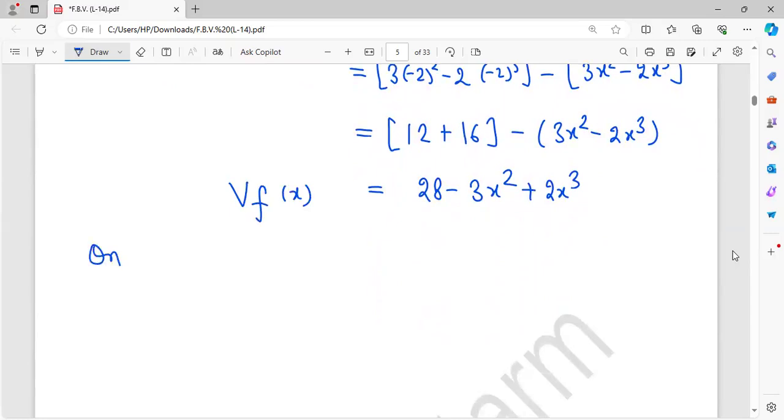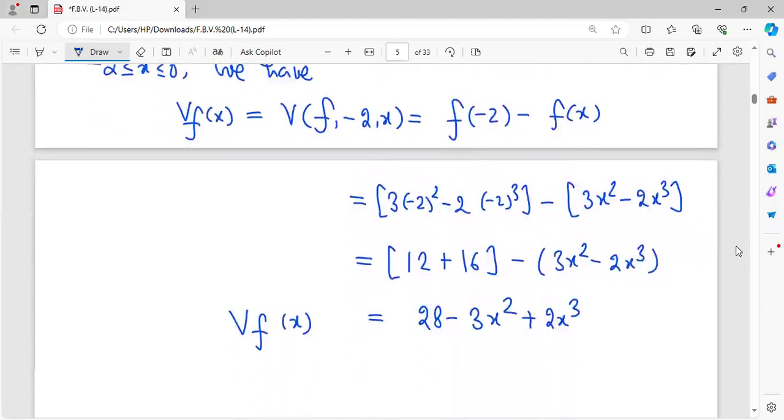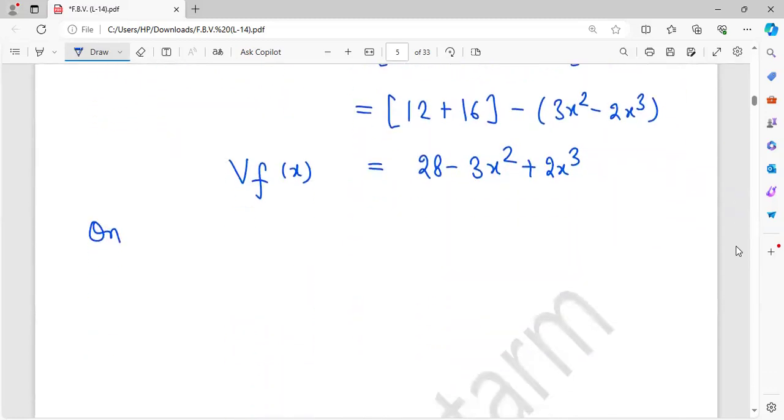Now on the interval 0 to 1, f is monotonically increasing.